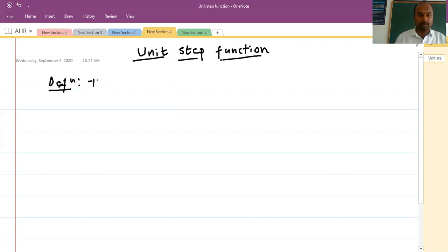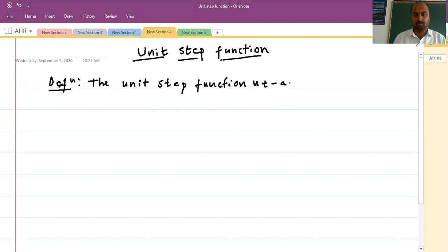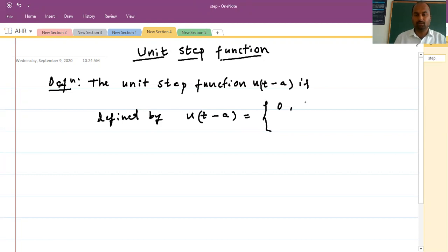The unit step function u of t minus a is defined by u of t minus a equals 0 when t is less than or equal to a, and 1 when t is greater than a.